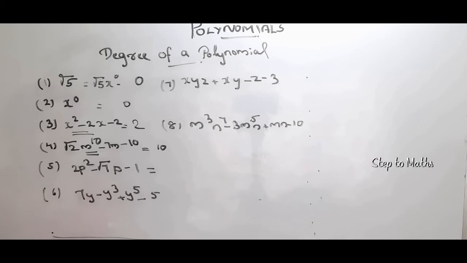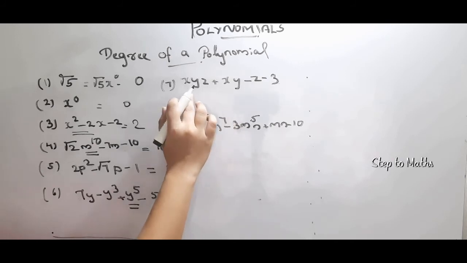What is its degree? 2. Now consider this one, 7y minus y cube plus y raised to 5 minus 5. In which term does the variable have the highest power? This term. So the degree of this polynomial is 5.